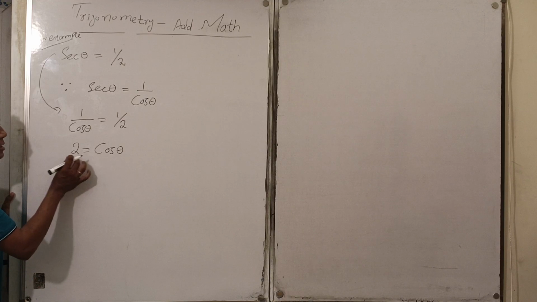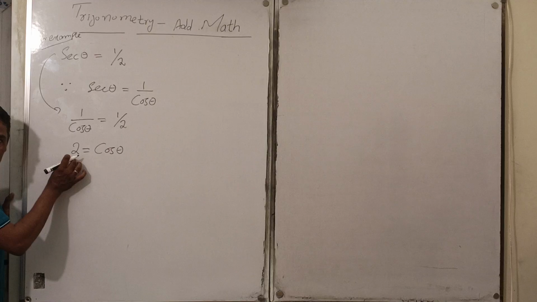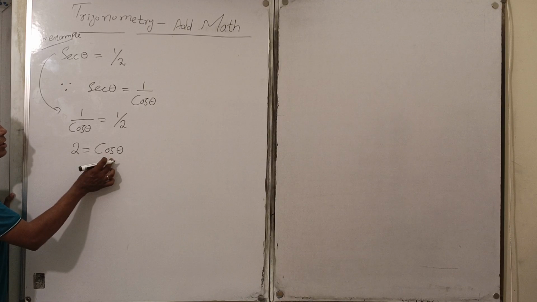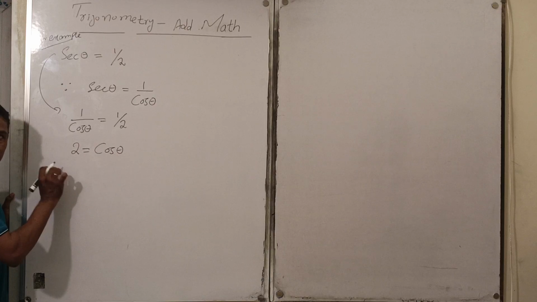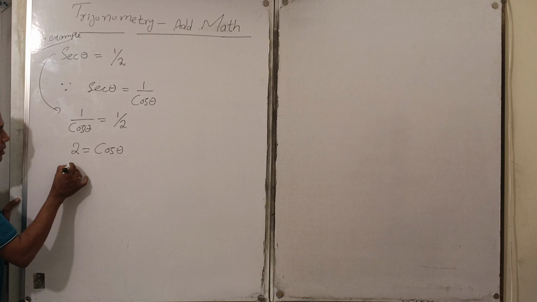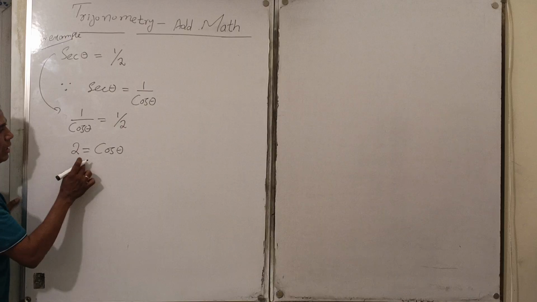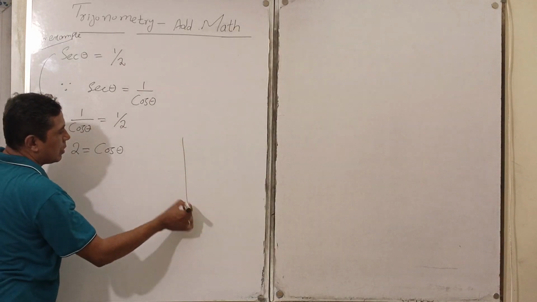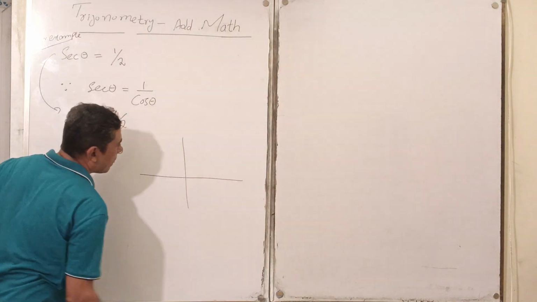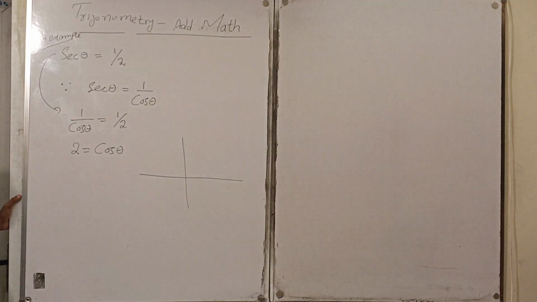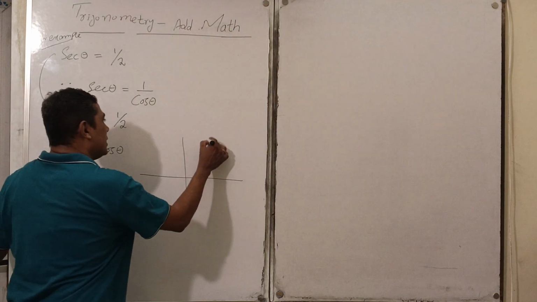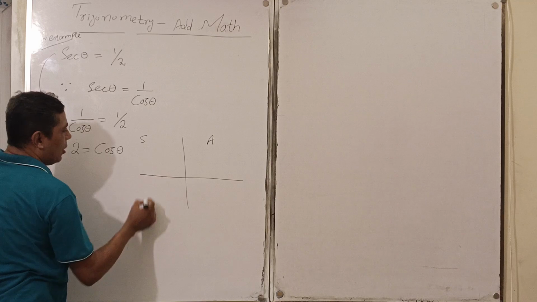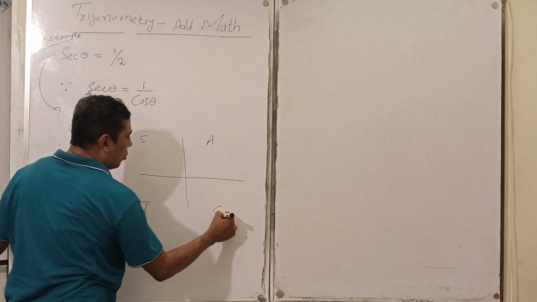So in this condition again, you will have a graph. Cos theta is positive. Clear? The cos theta is positive. So find out the value of alpha or theta. How will you find it? In case of positive, where will it lie? In the first quadrant all are positive: sine positive, tan positive and cos positive.